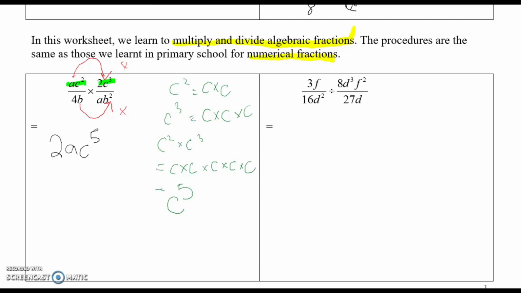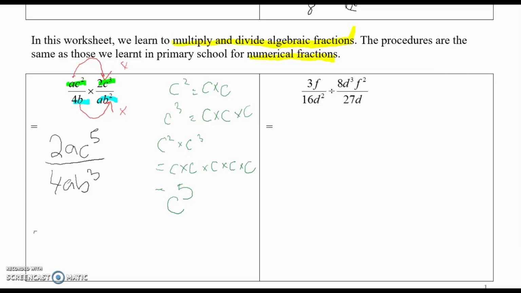Now, for the denominator, we want to multiply 4b by ab squared. And we will get 4ab cubed.